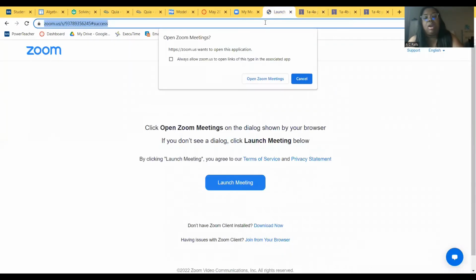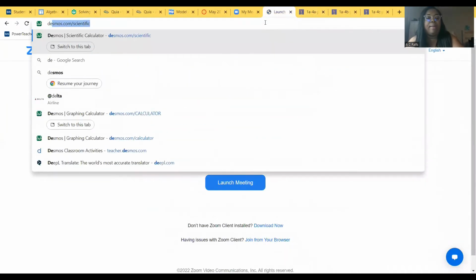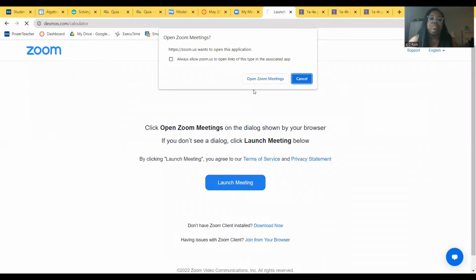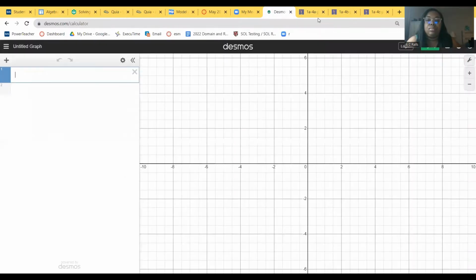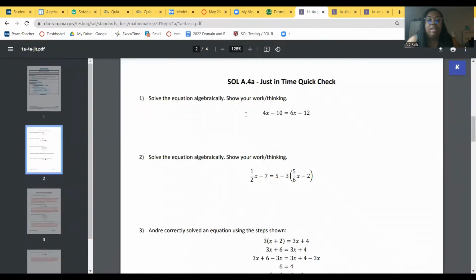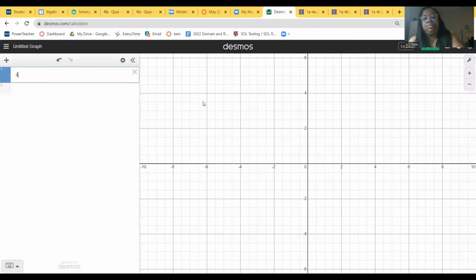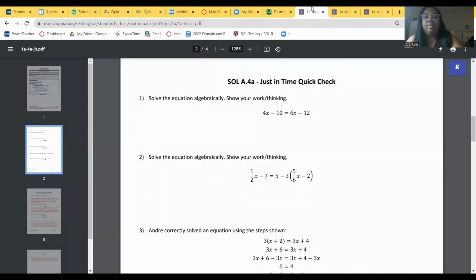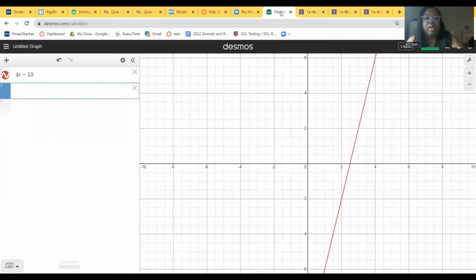So I'm going to go to our Desmos calculator. On one side, we have 4x minus 10. And then on the other side, we had 6x minus 12.